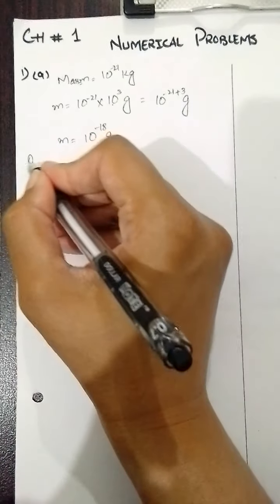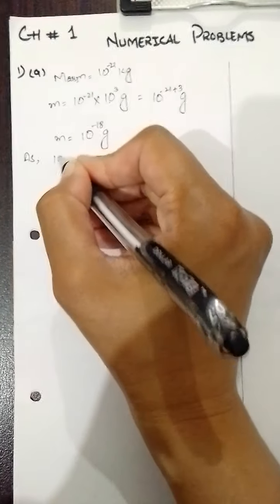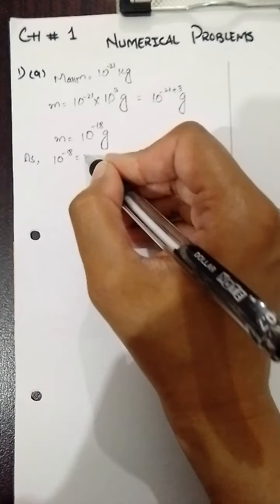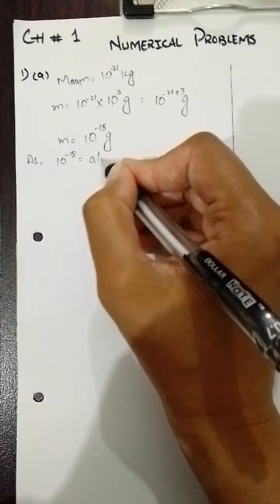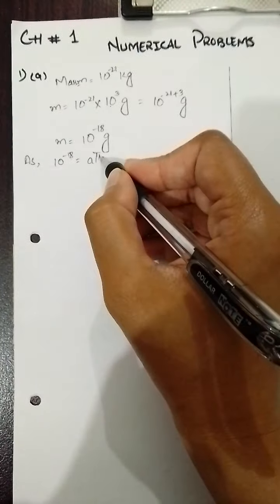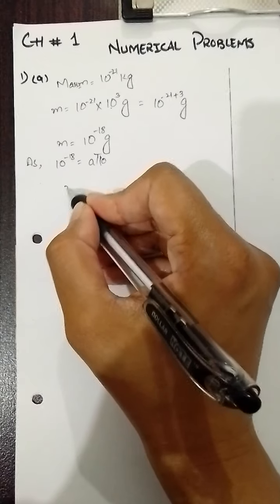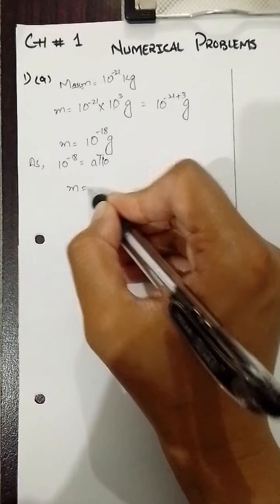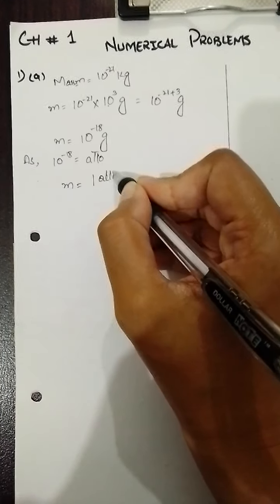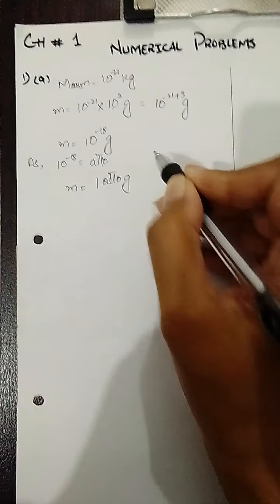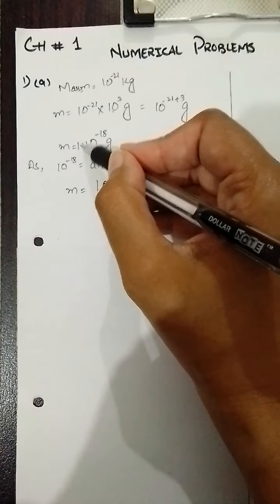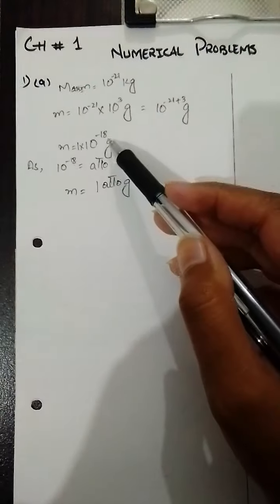And as 10 raised to the power minus 18 is equal to atto, atto is a prefix that we are going to use over here. So mass will be equal to 1 attogram. Of course, here we have 1 multiplied by 10 raised to the power minus 18.